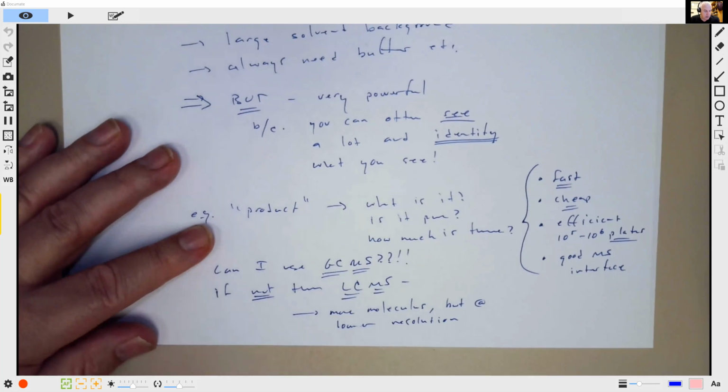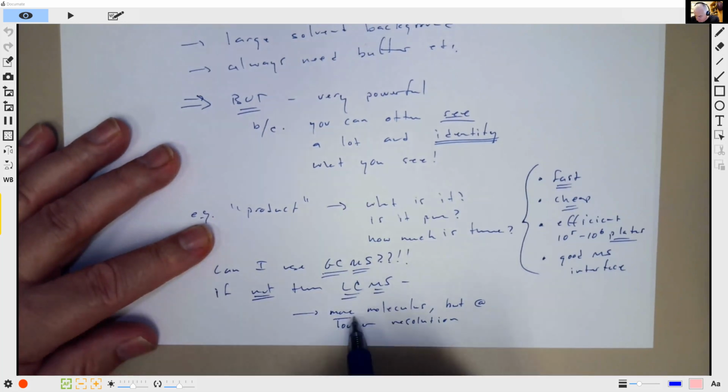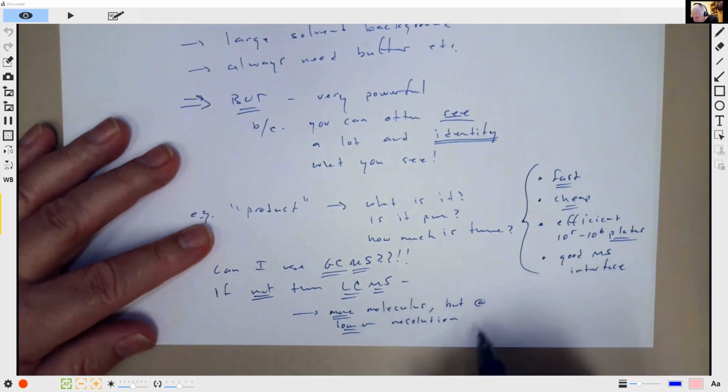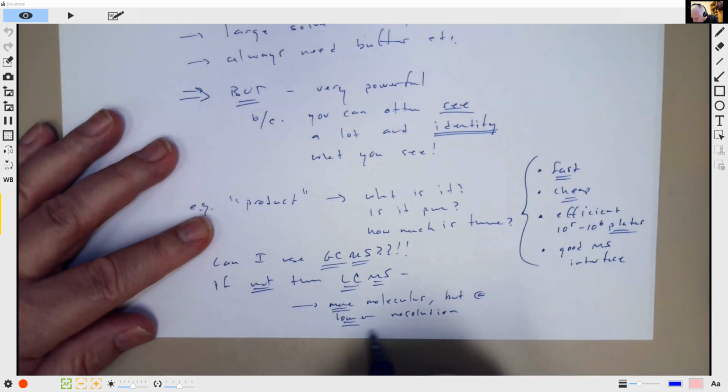You can see more molecules, but at lower resolution. And you may not have a library.